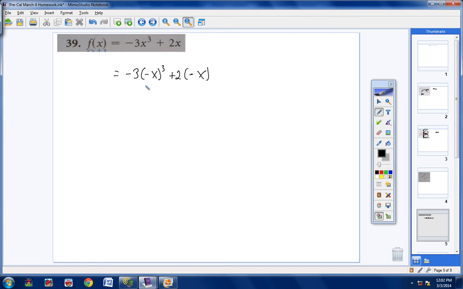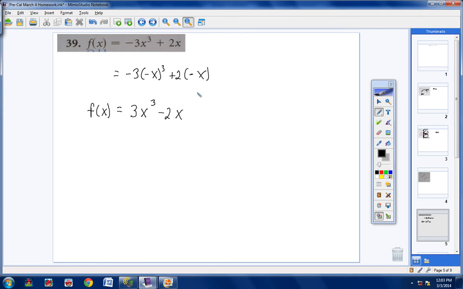If you take negative x to the third power, you'll get a negative x cubed times negative 3. That gives you a positive 3x cubed. And then you have a positive 2 and a negative x. That gives you a negative 2x. So, when I put a negative x in for x, do I end up with the original equation? No. So I do not have an even function. I do not have y-axis symmetry.